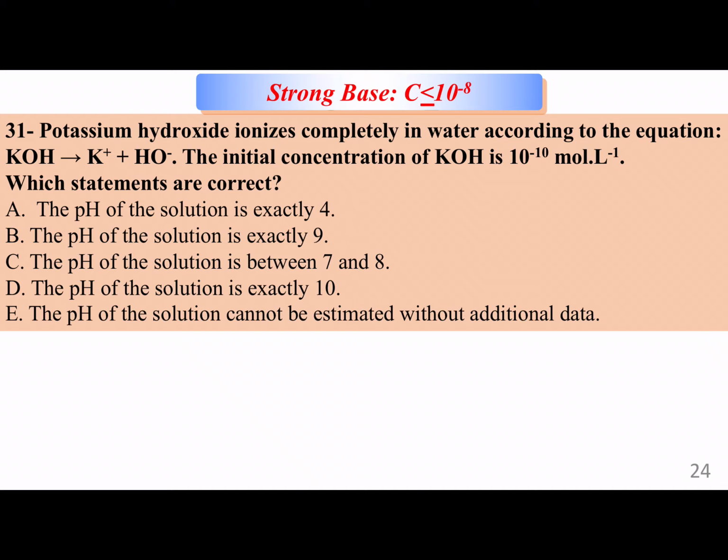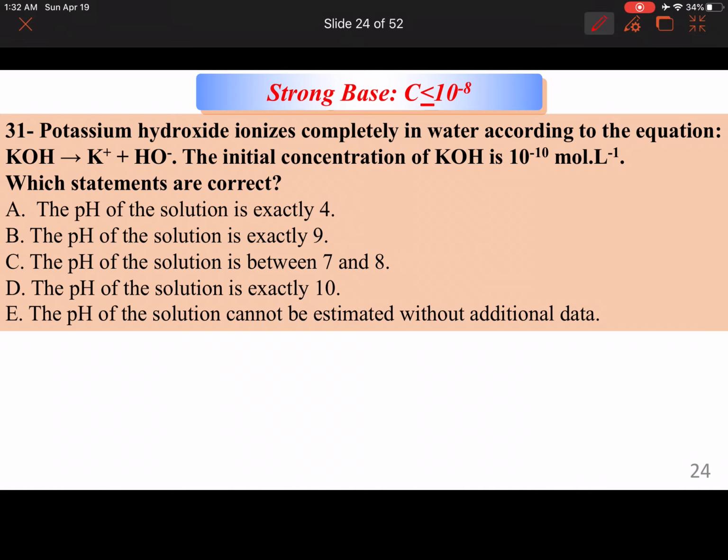For the base, this is a base with a concentration less than 10 to the minus 8. This is KOH, and they gave you KOH with a concentration 10 to the minus 10. And they want the pH value, okay? So if some of you decided, oh, okay, this is a strong base, great.